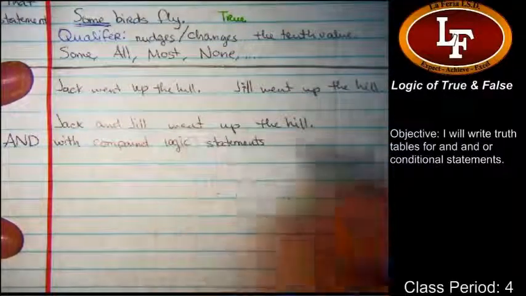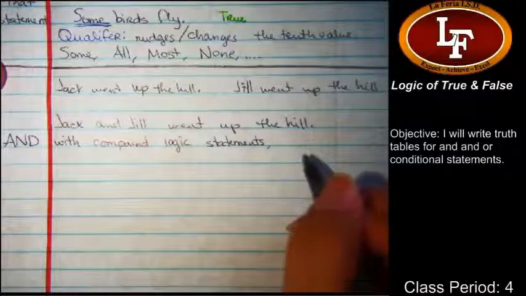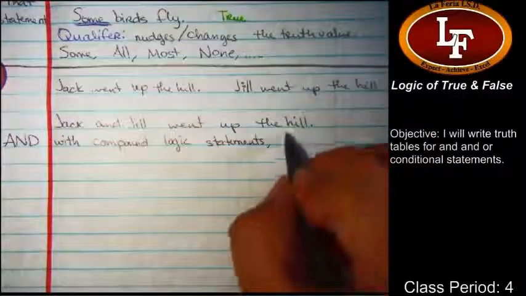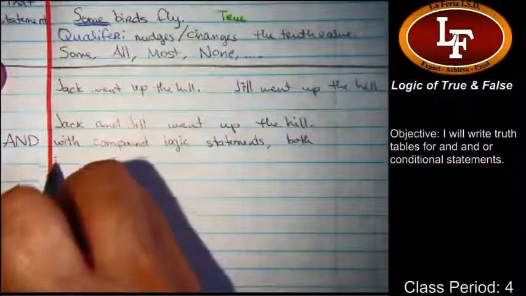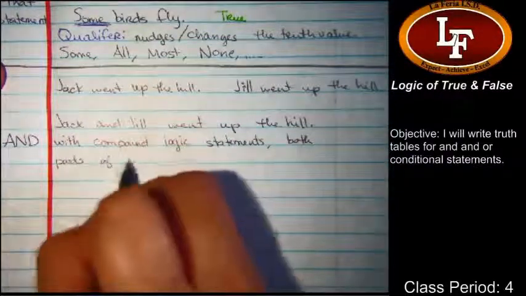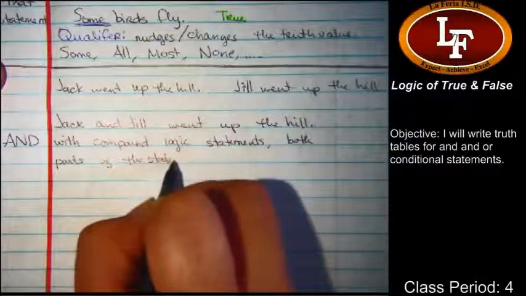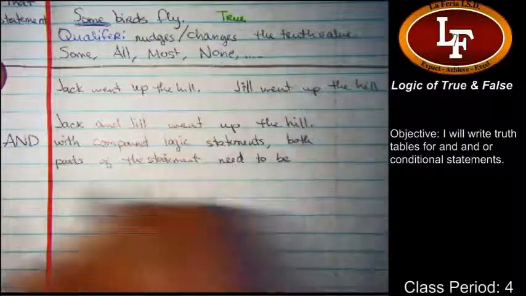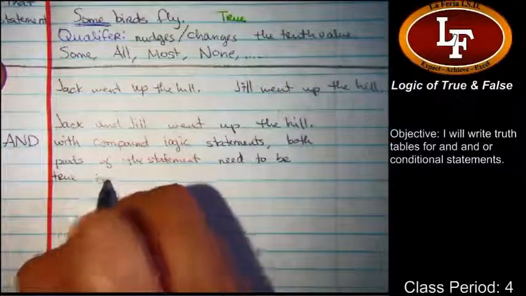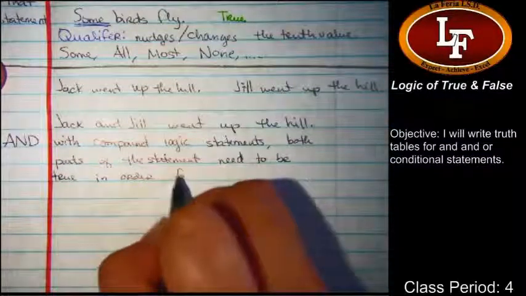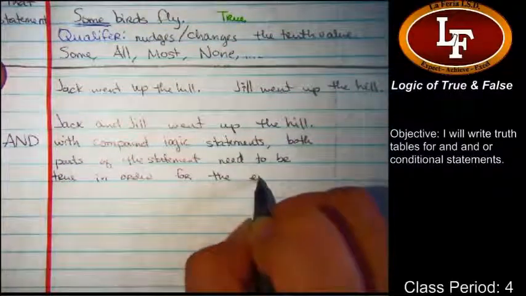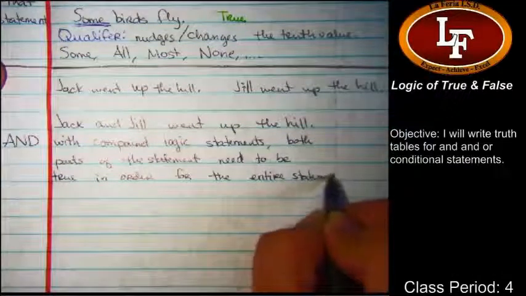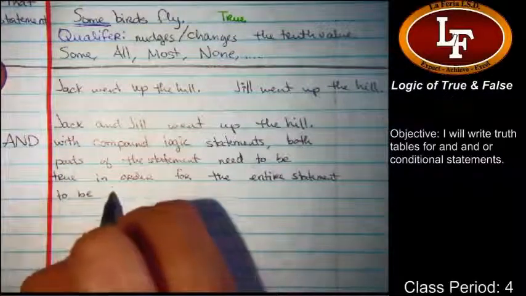So when you're making an argument and you're going to use the word and in your argument, both parts of the statements need to be true in order for the entire statement to be true.